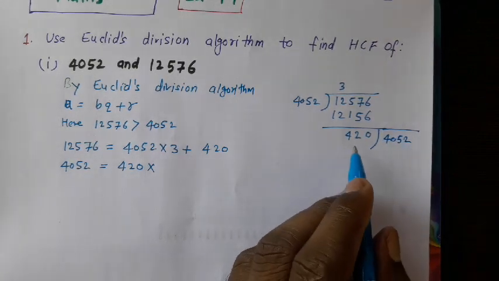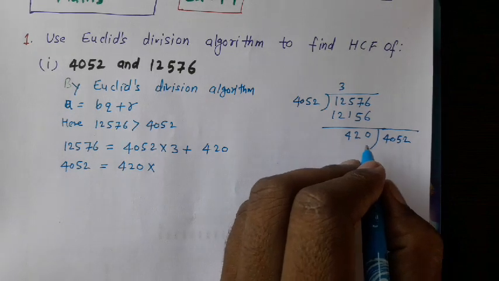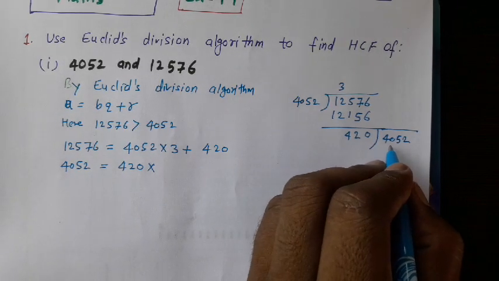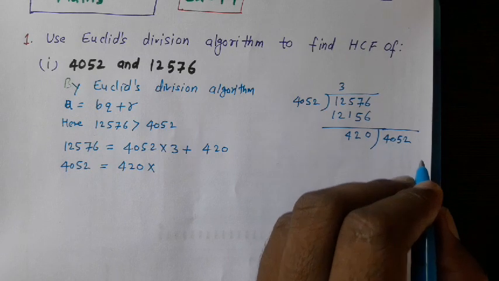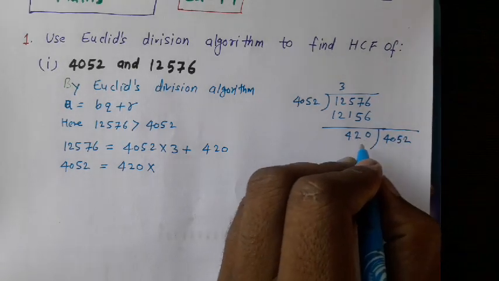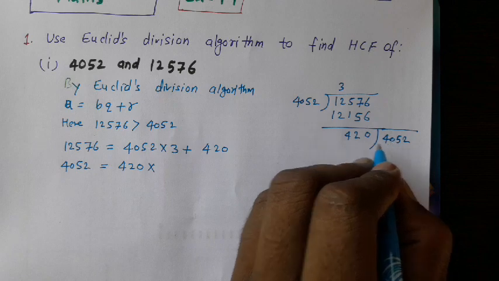4,052 divided by 420. Again here you can take 420 in 4,052. So we can take 9 as the quotient, because 4 9s are 36, 4 10s are 40.